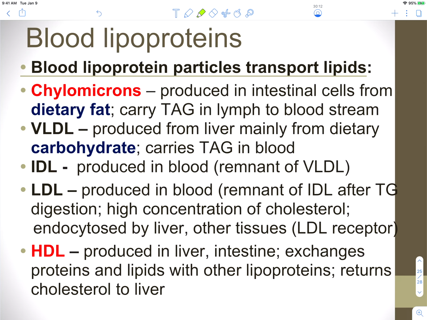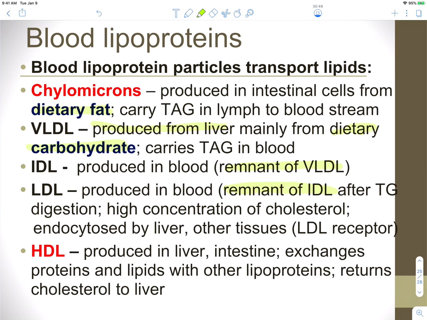So in essence, here is the function of these lipoproteins. Your chylomicron is going to be transporting dietary fat. Your very low density lipoproteins are going to be produced from the liver, and mainly from dietary carbohydrates, so sugars. So when you have a high carbohydrate diet, you're going to produce fat. Your intermediate density lipoproteins are remnants of VLDL, so they'll have that ApoB100 on their surface. Your low density lipoproteins are remnants of intermediate density lipoproteins.